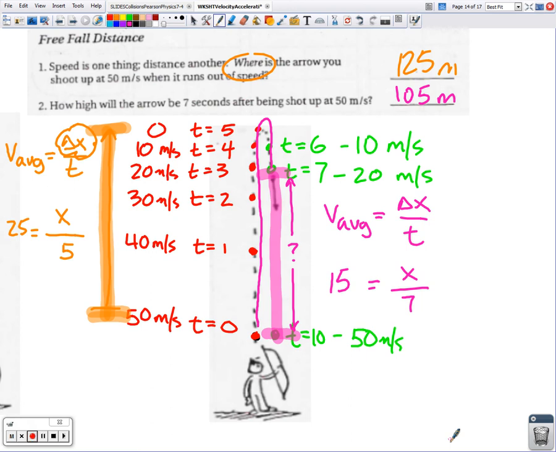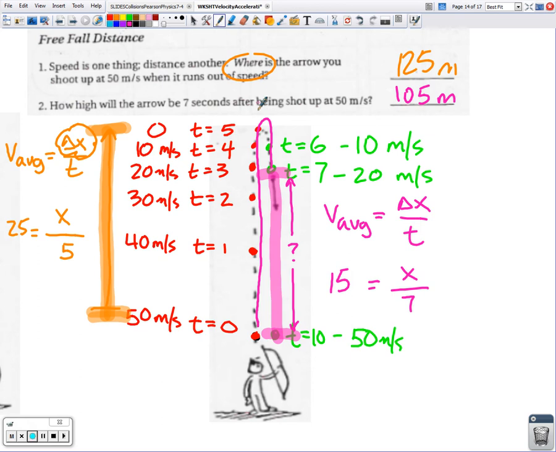The other thing. So, what's the displacement after 10 seconds, Eddie? Zero, because you end up right back where you started. Okay? Well, then you're not only under the influence of gravity anymore, and these numbers don't hold true. All right. The other thing you could do, you know that it's 125 meters up.